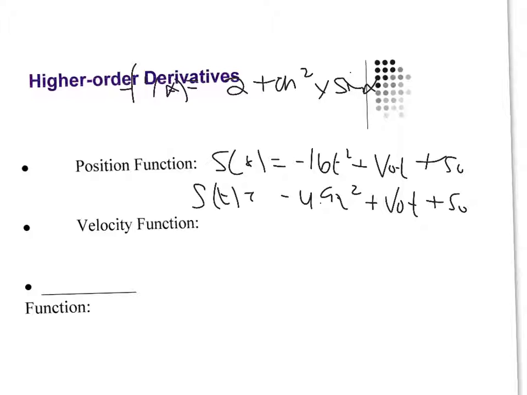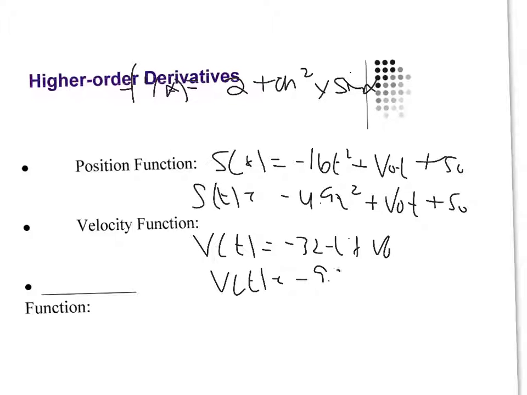The velocity functions we know for each piece of that are going to be v of t equals negative 32t plus v sub 0, and then v of t equals negative 9.8t plus v sub 0 for meters.